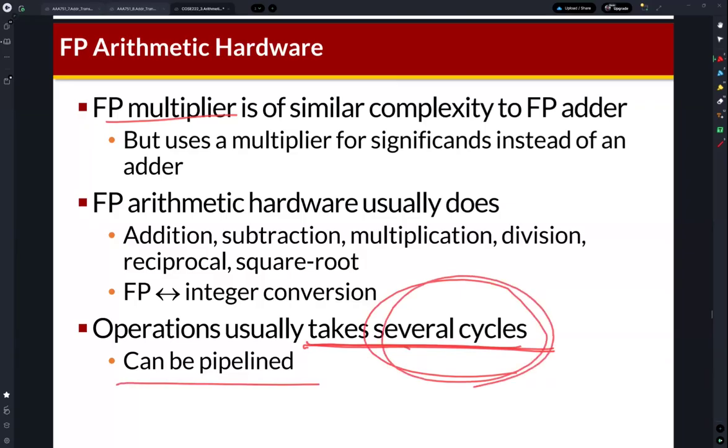As I mentioned, we will learn about the hardware architecture in chapter 4, which means you need to understand the complexity of hardware and the delay. More complex hardware may require more cycles.